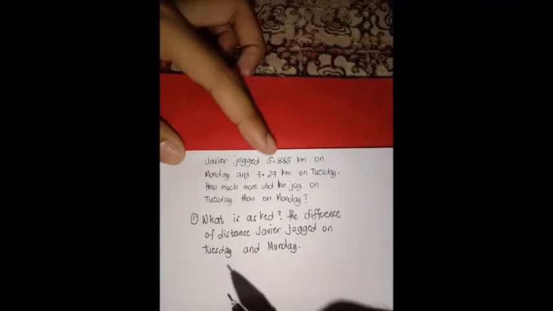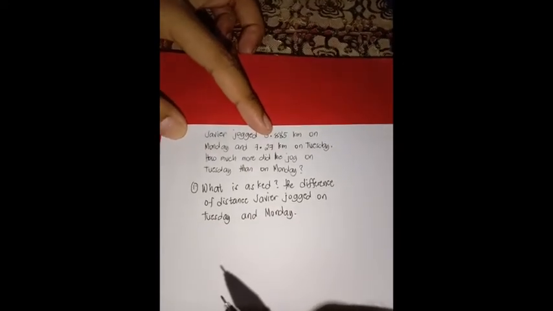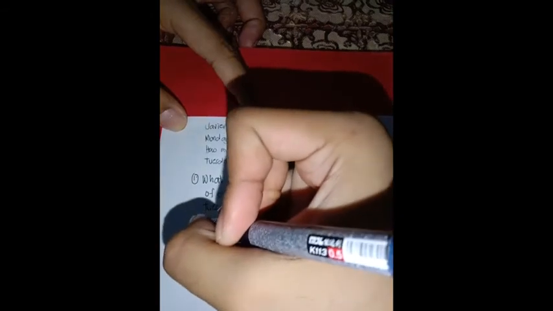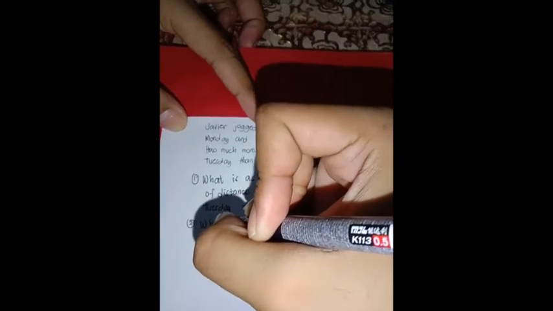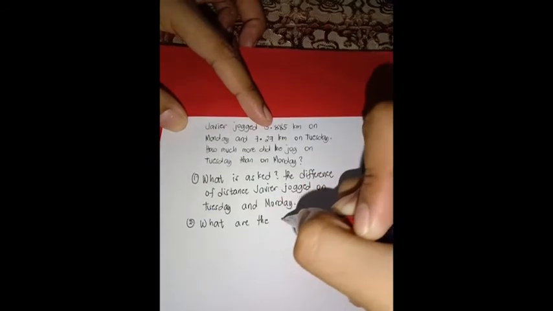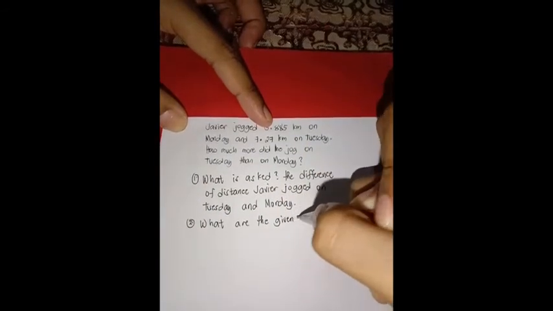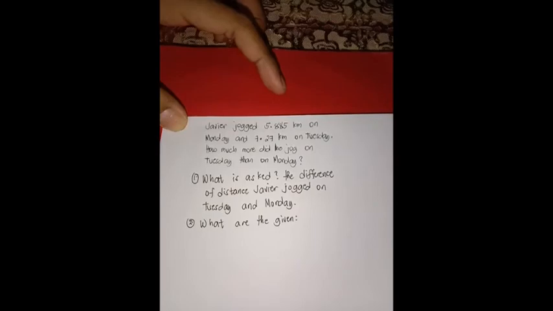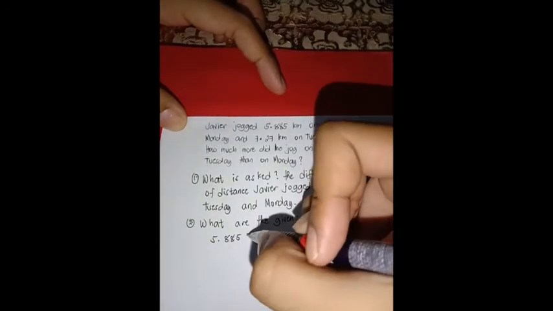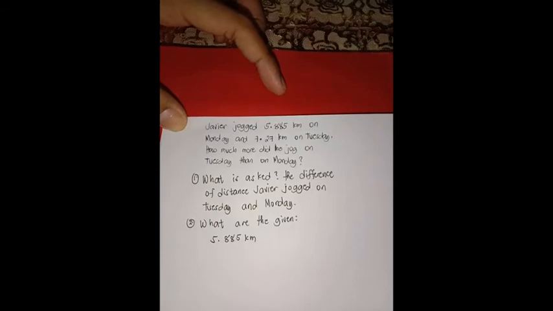So next is we will list down the given facts or what are the given. So what are the given? So the given facts here is Javier jogged 5 and 885 thousandths kilometer.